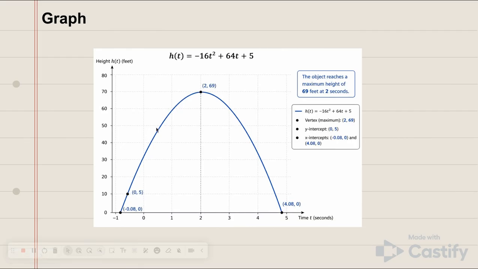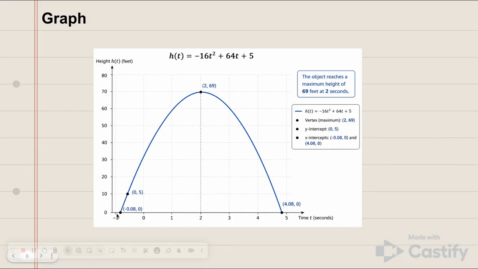If we plug this function into a graph, it looks a little bit like this. On our y-axis, we have height, or h, in feet. And on our x-axis, we have time, which is t from our original equation, and that's in seconds.